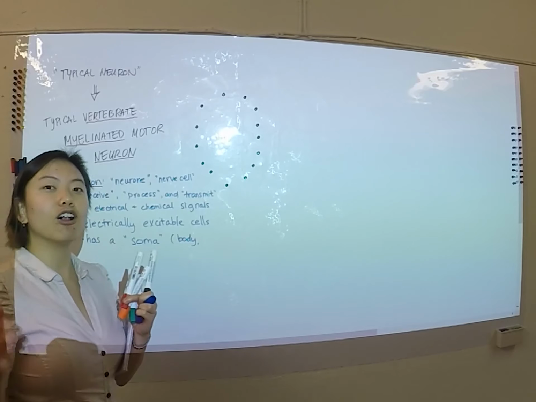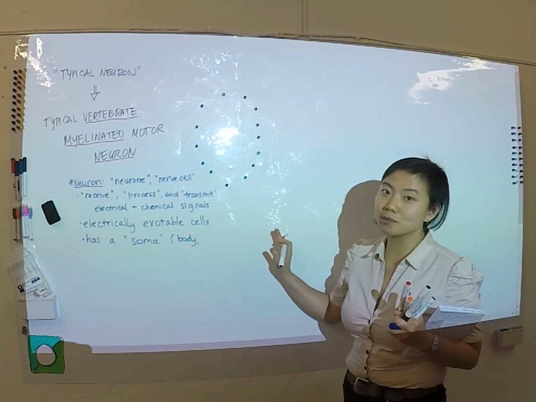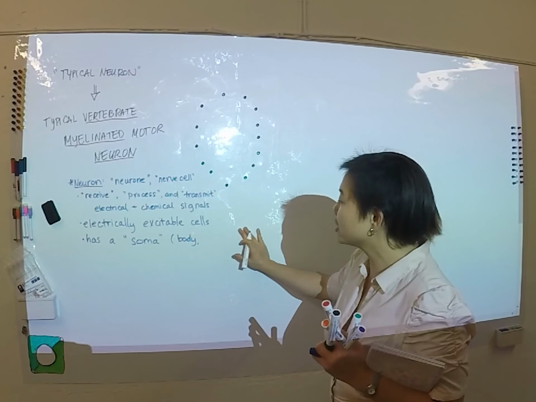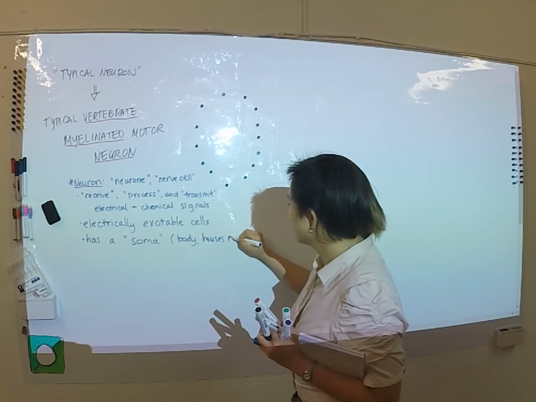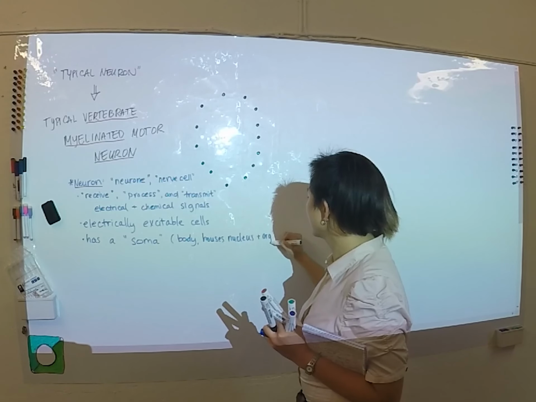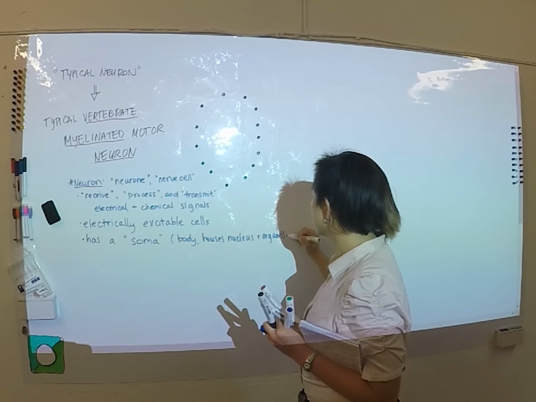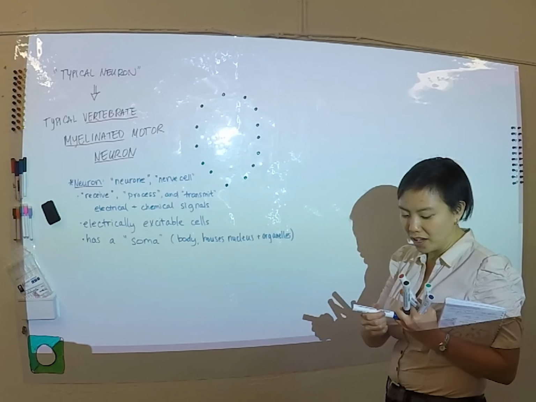And the way you can tell which part of the cell is the soma or the body is because that's where the nucleus is; it houses the nucleus plus organelles. Okay? So it has a soma.